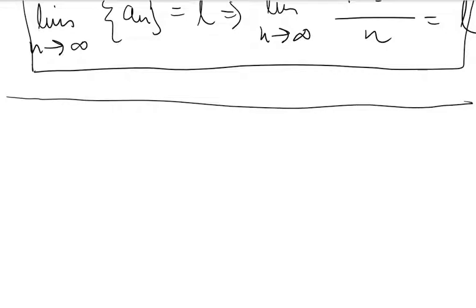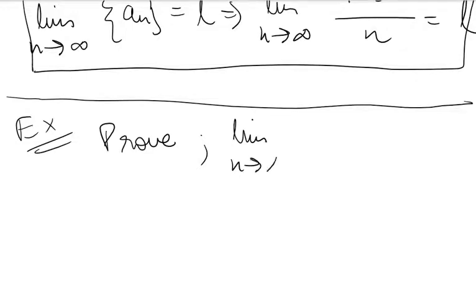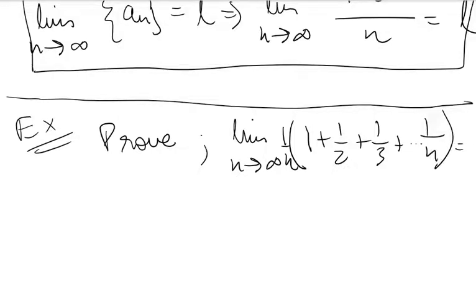Let's give you an example. It says prove limit n tends to infinity of 1 by n times (1 plus 1 by 2 plus 1 by 3 plus so on, 1 by n) is equal to 0.